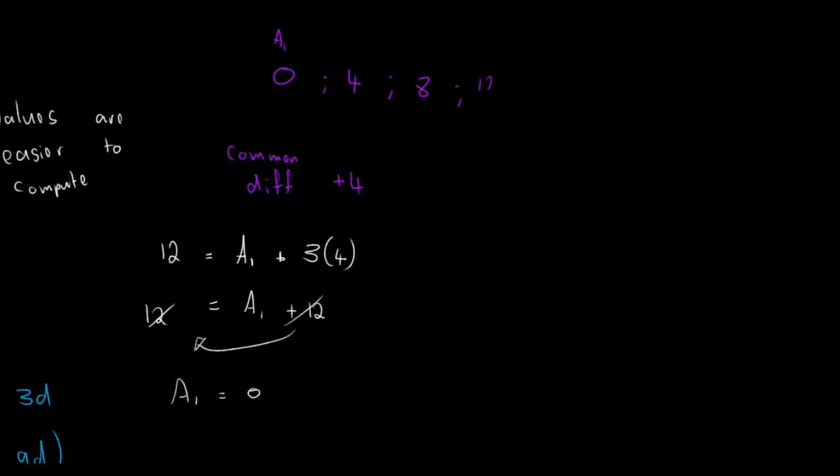So let's go 12, 16, 20, 24, 28, 32, 36. Okay, let's see. This would be A2, A3, A4, A5, A6, A7, A8, A9, A10. Look at that. We are in fact correct.